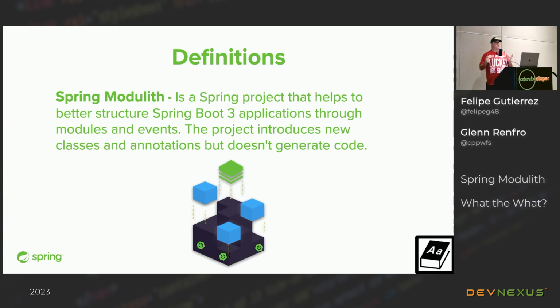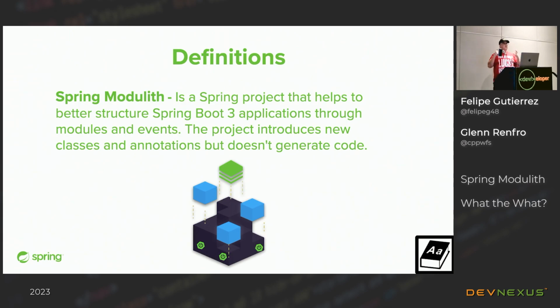Then, once I do that, how can I make sure that the code I write actually follows the module design that we specified?